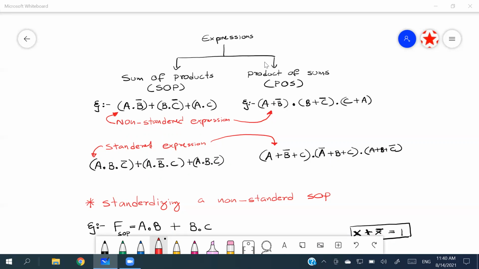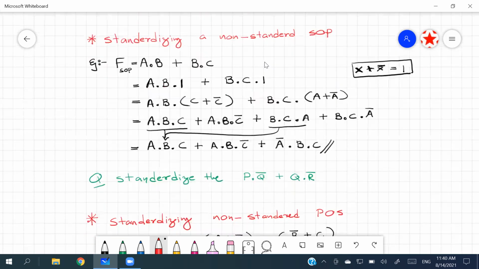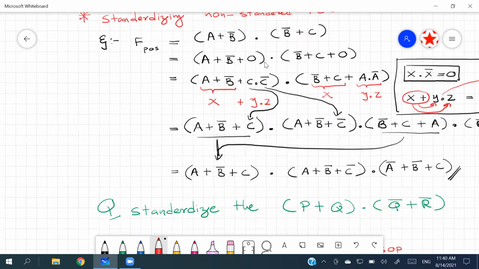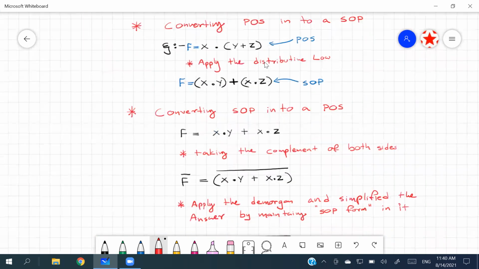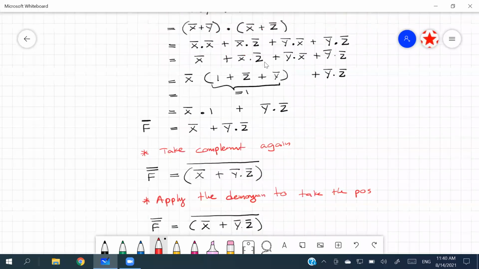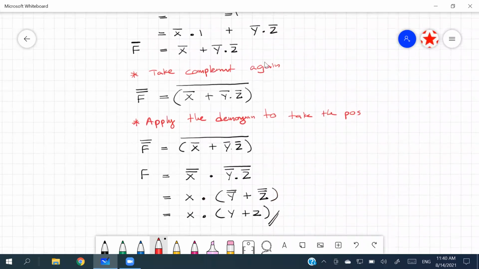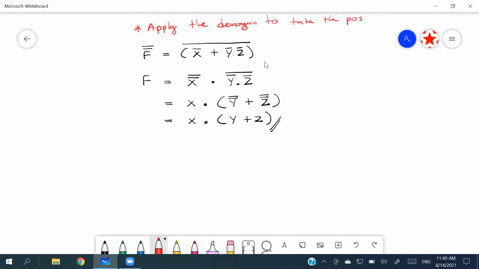Right. So we discussed the two expressions which we call the sum of products and the product of sums, right? And we got to know there are standard types and non-standard types, and we know how to standardize a non-standard SOP as well as a non-standard POS, right? And later we talked about how to convert a POS into SOP and an SOP into POS, right?